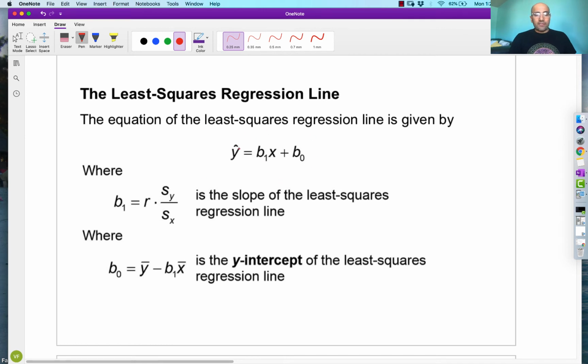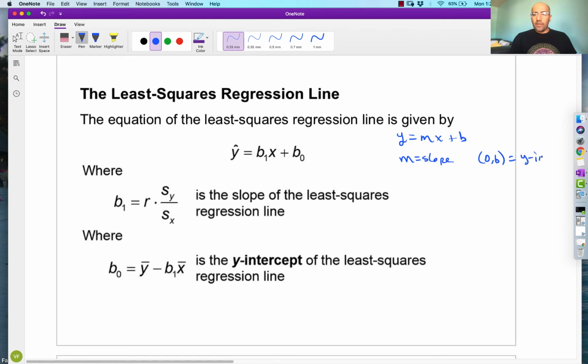The little hat represents the least squares regression line, the best fit line, and it's equal to this. The notation is a little weird, but this is akin to our linear equation, y equals mx plus b, where m equals the slope and 0 comma b equals the y-intercept.